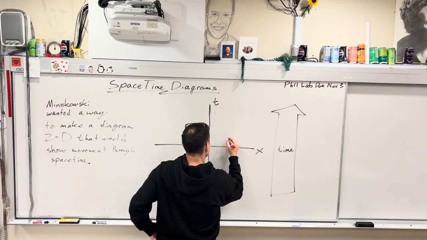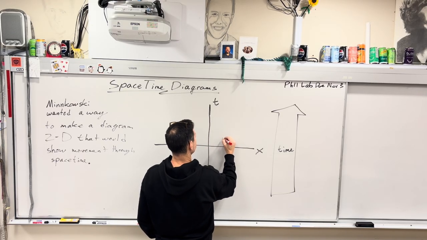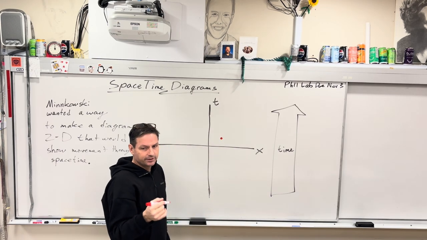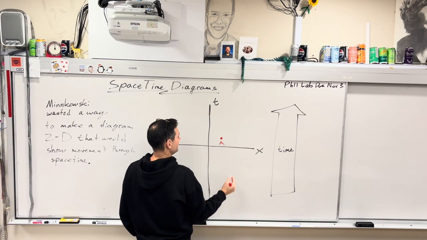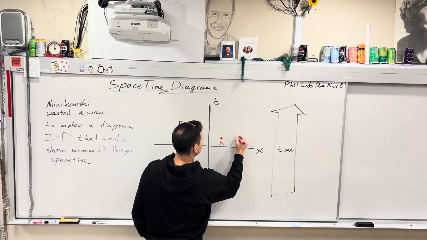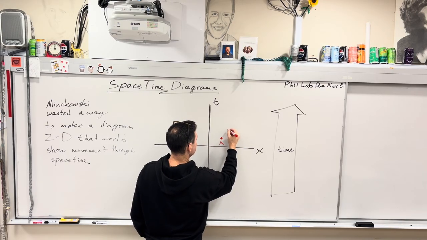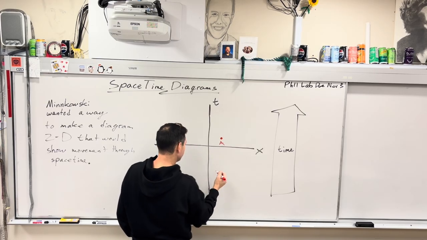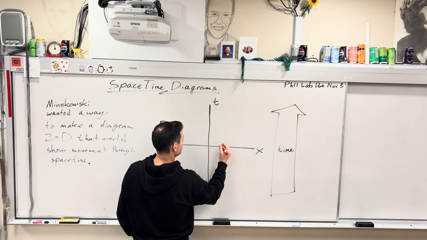Let's say something happens here, Arsha brushes his teeth, and it's event A. Actually, let's put this one close to here.